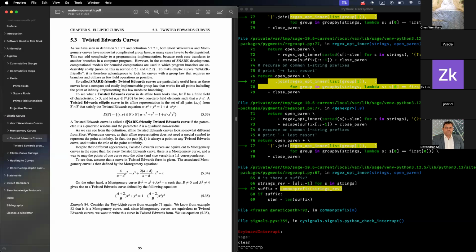We want to represent our program in polynomials which we can then operate on. Having a curve that has fewer branches in its calculation makes the implementation a lot friendlier to snarks.